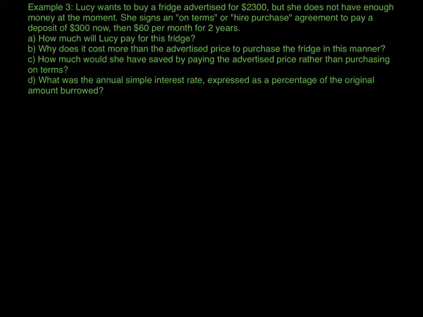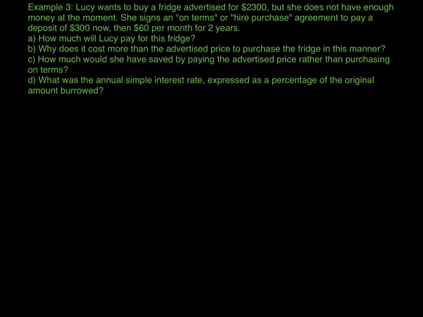Okay, looking at the final example. This one's quite lengthy. Lucy wants to buy a fridge advertised for $2,300, but she does not have enough money at the moment. She signs an on terms or hire purchase agreement to pay a deposit of $300 now and $60 per month for 2 years. A, we want to find how much Lucy pays for this fridge.